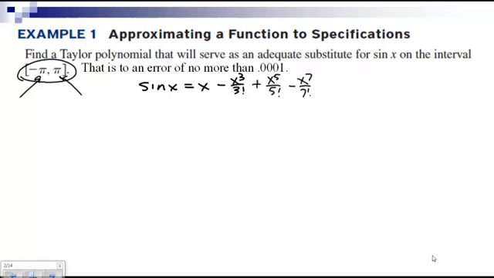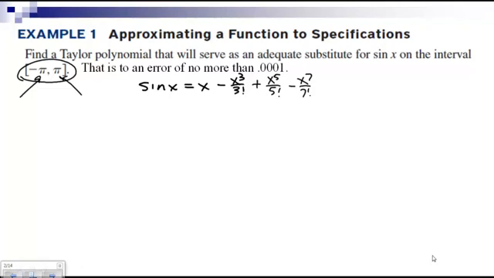So at either of these two extreme values, we think that's where error is worse. I want to find how far I have to go to make sure that the error anywhere on that range is less than 1/10,000.